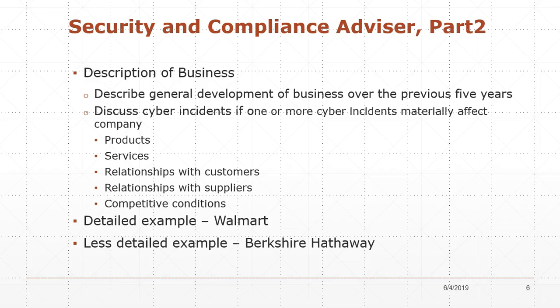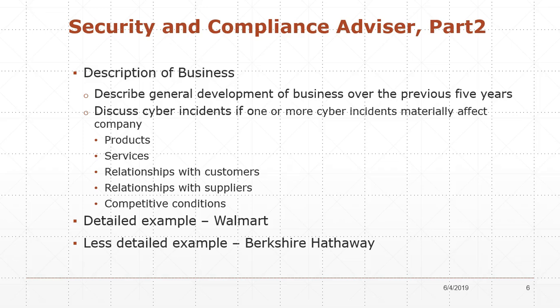But you may look at products, services, relationships with customers, relationships with suppliers, and the competitive condition that any of these cyber events may have impacted due to its impact on the company.